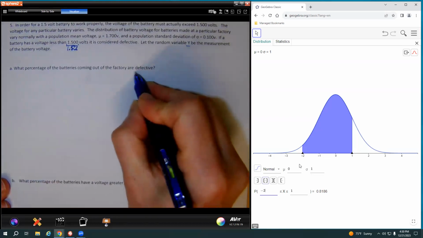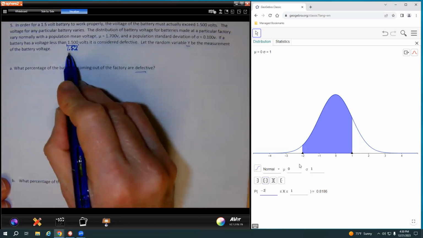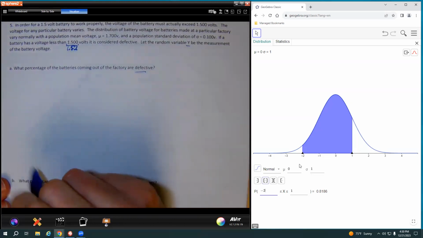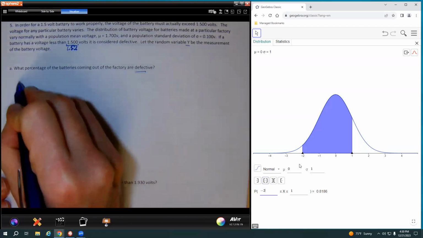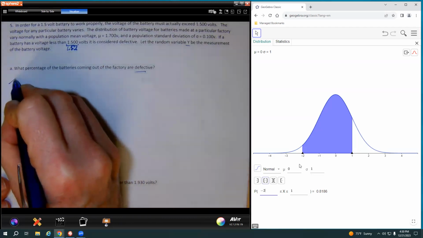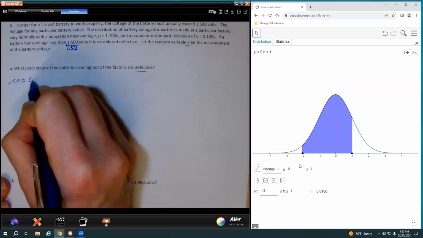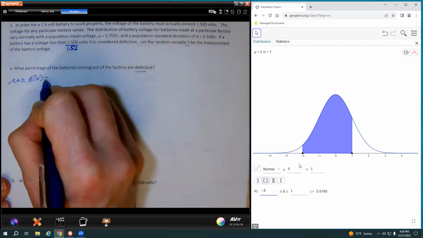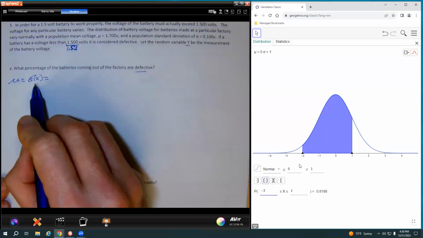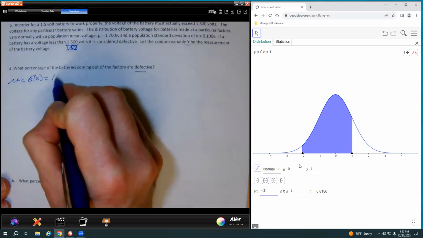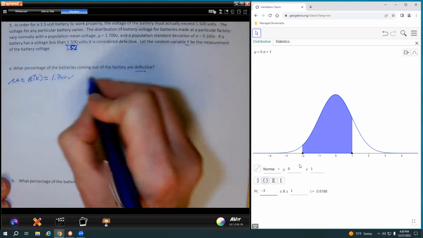So again, defective, what does that mean? That is going to be less than 1.52 volts. So let me mark my measurements. The mean or the expected value is going to be 1.700 volts.